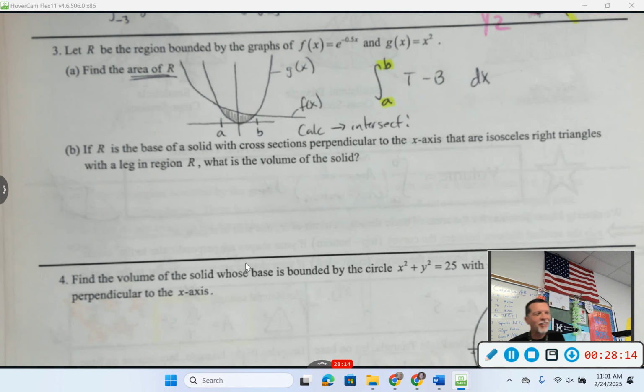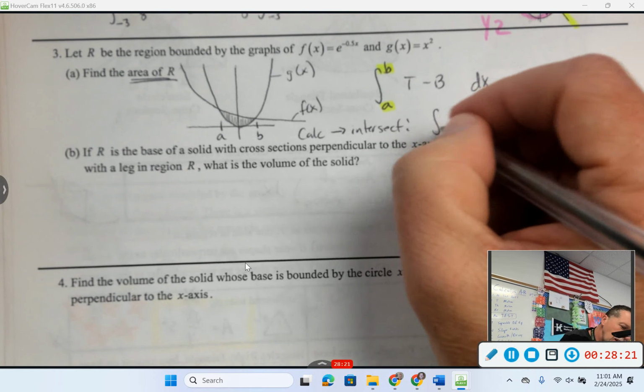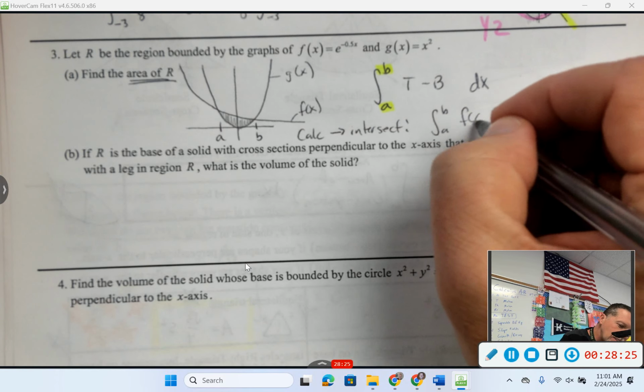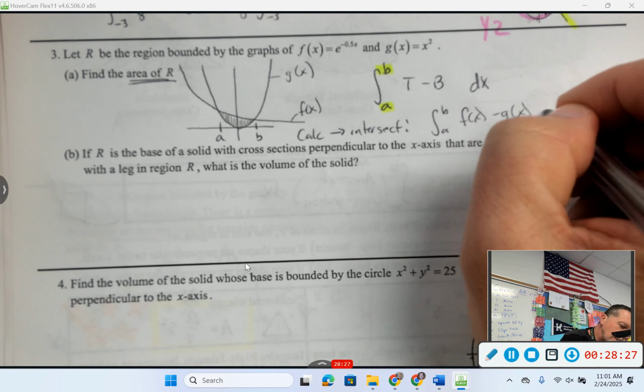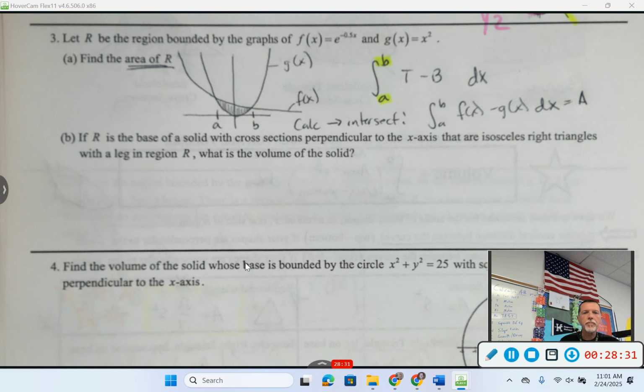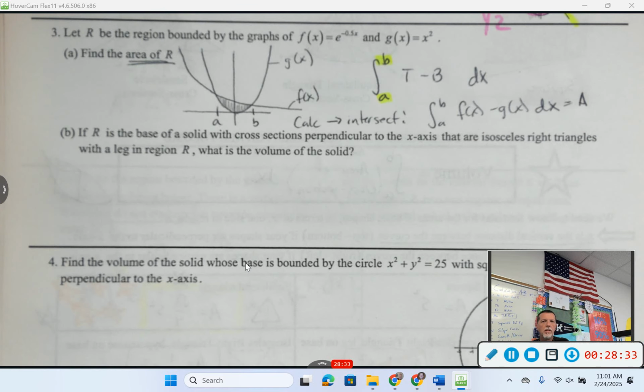I mean, you could guess a few things, but they're not nice things, so it won't work. So calc intersect will give me A and B. And then I can tell that the top function is f of x minus g of x dx. That would be the area. We would just type that in the calculator and let it figure it out.